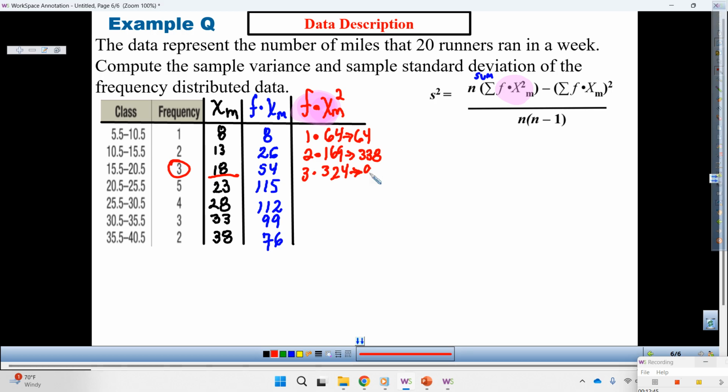972. Then we got 5 times 23 squared. Who's got 23 squared? 529. And 5 times 529 gives me 2645. Looks about right. Next one. 4 times 28 squared.